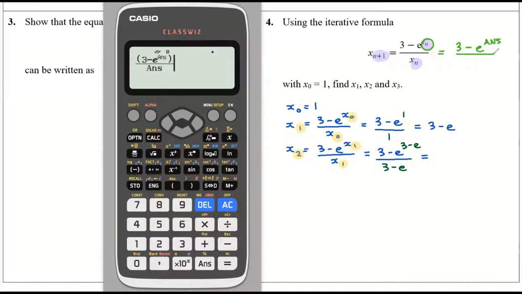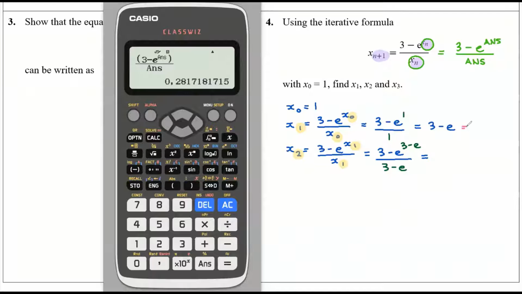Okay, and then obviously we have an answer here as well, so that's going to go on the bottom in the denominator. So that's how you would set up your iterative formula. Now, if we do that, of course, that will give us the first value, which is 3 subtract e. Okay, so if you want to, you can write that down as a decimal.